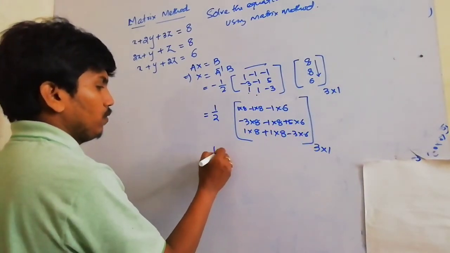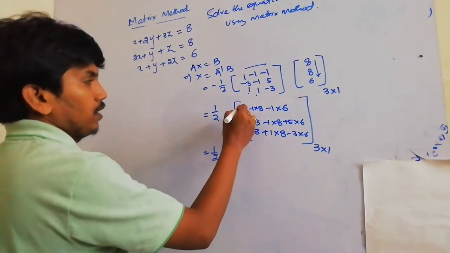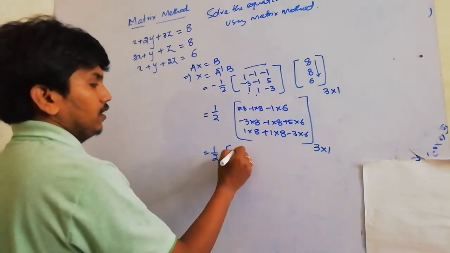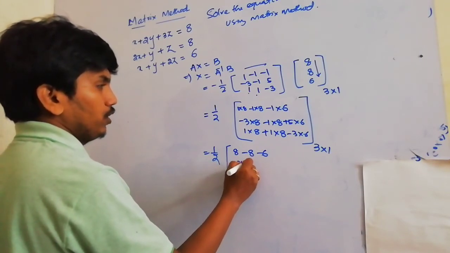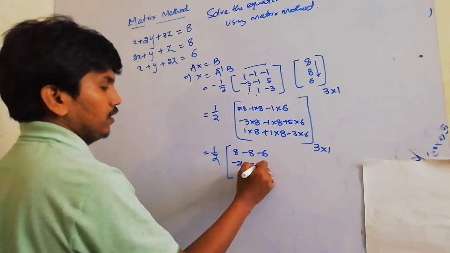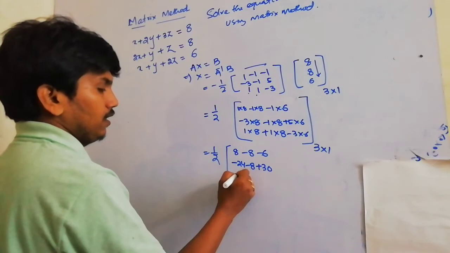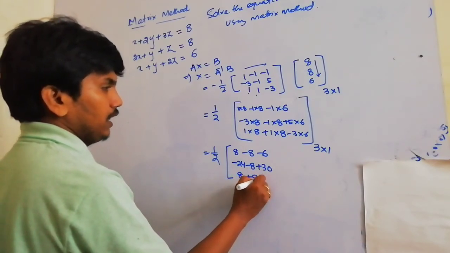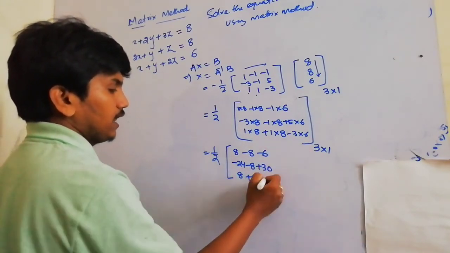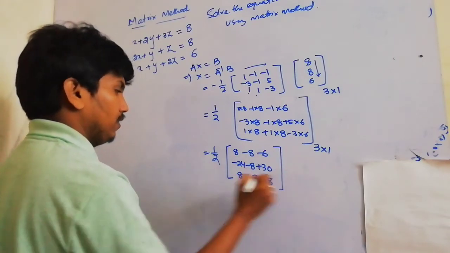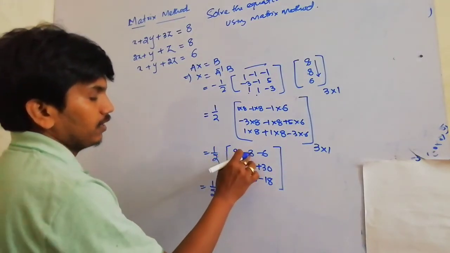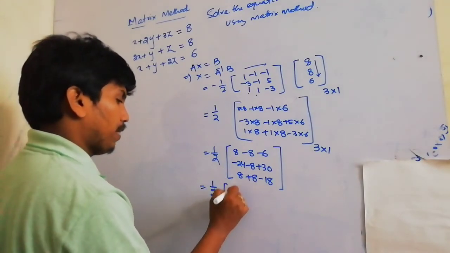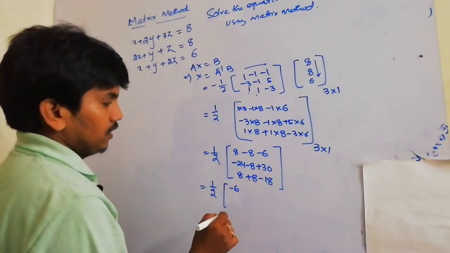So now 8 minus 8 minus 6, minus 24 minus 8 plus 30, 8 plus 8 minus 6 3s are 18. Now half is equal to minus; 8 minus 8 cancel, now minus 6.